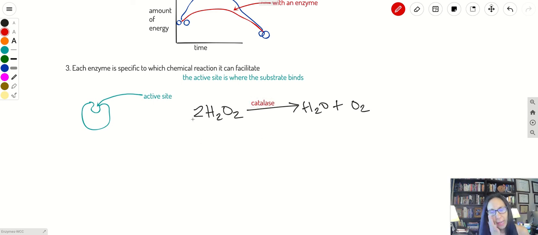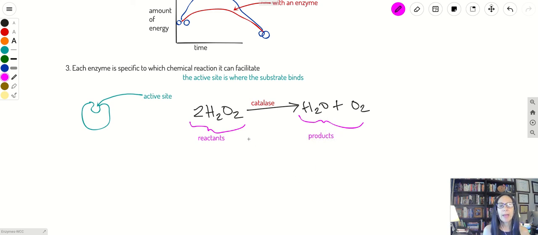On the left side of any chemical reaction is what we call the reactants. And then anything on the right side of a chemical reaction arrow is called the products.